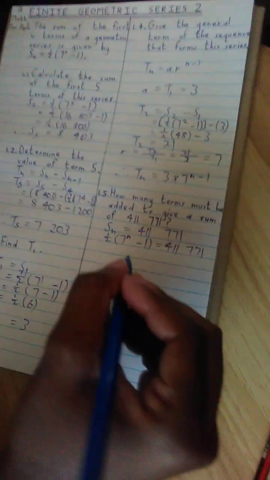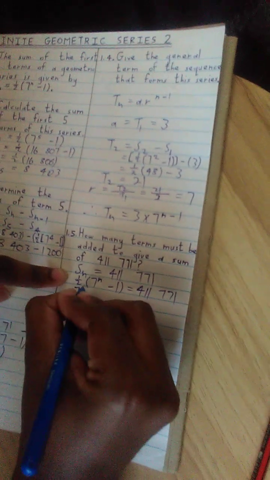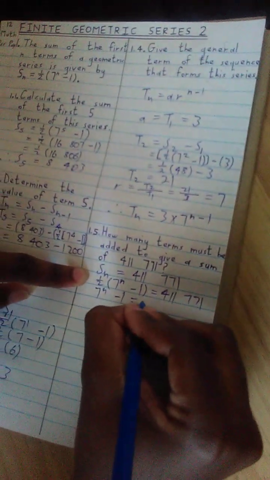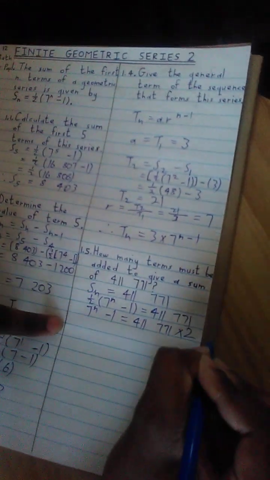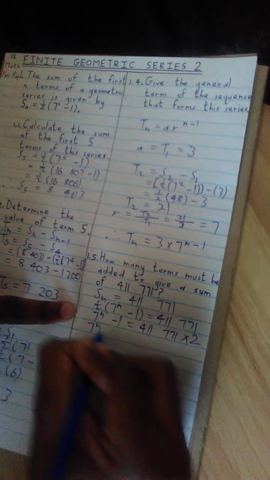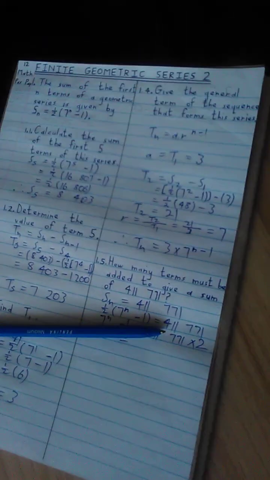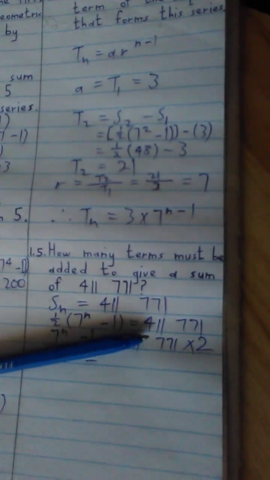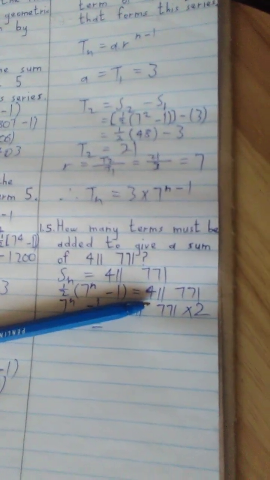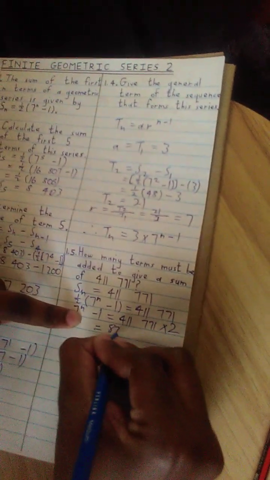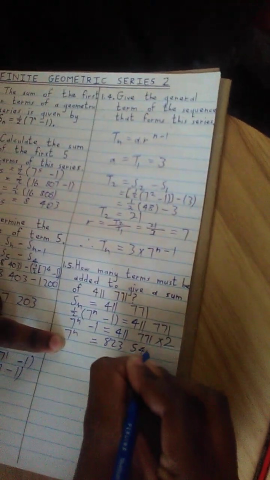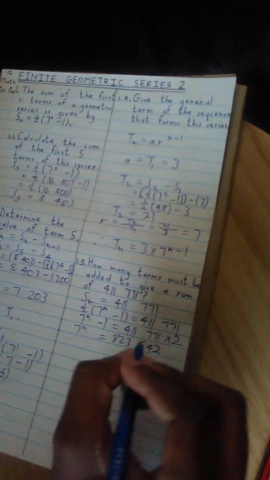To simplify, we multiply everything by 2. It's just going to be 7 to the power n minus 1 is equal to 411,771 times 2. Then we get 7 to the power n is 823,542, then it's plus 1.